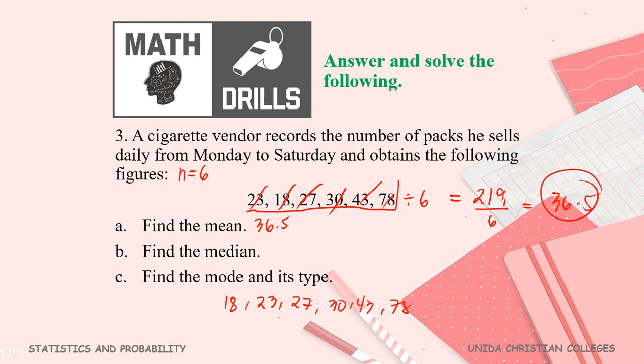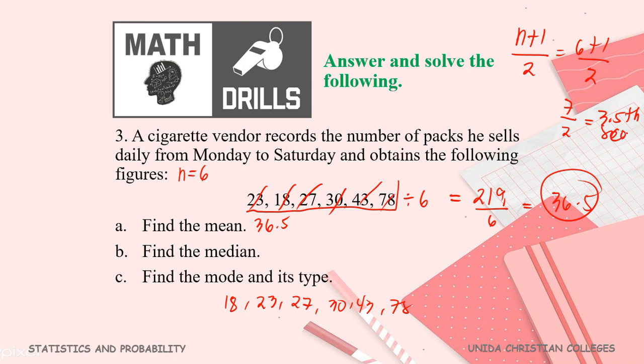Okay, so after natin ma-arrange, ano sunod natin gagawin? So we will have the formula n plus 1 divided by 2. So ang n natin ay 6 plus 1 divided by 2. So that is 7 divided by 2, which is equal to 3.5 score.